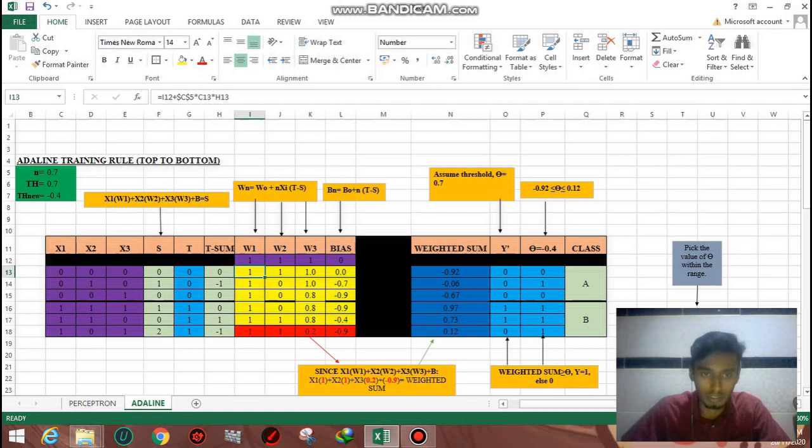We can also use this value to replace t minus s. We use this formula for all of w1, w2, w3. You can get all the answers here.